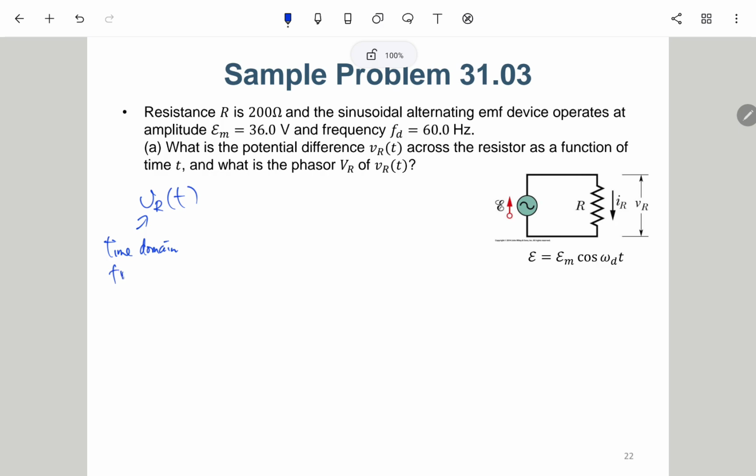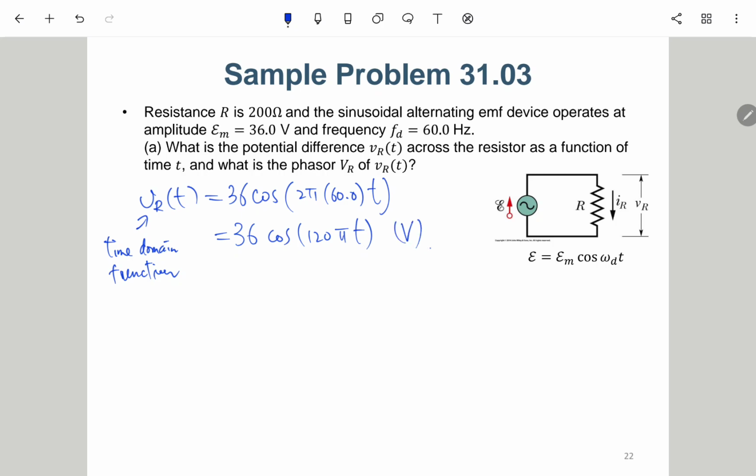So this is 36, cosine of 2 pi times FD, which is 60, so 60.0 T. You may simplify it: 36 cosine of 120 pi T. And the SI unit is volt. So this is the potential difference v of t.